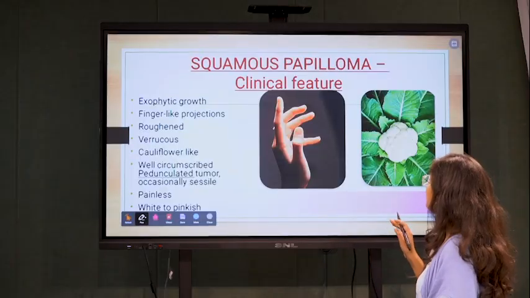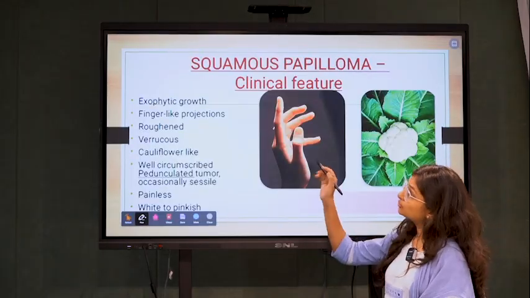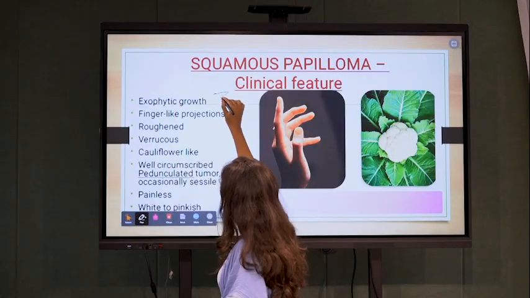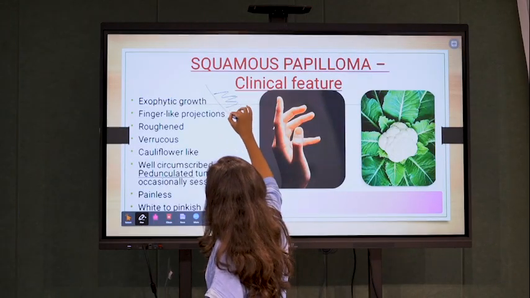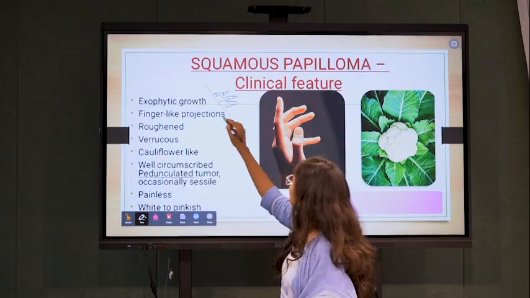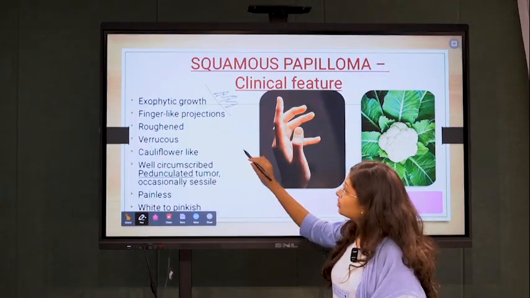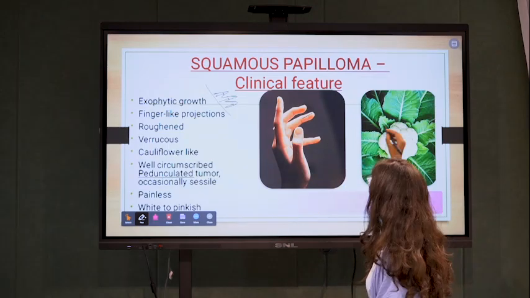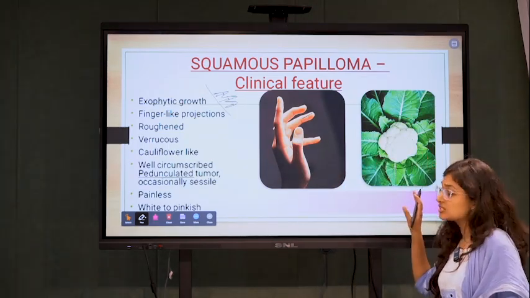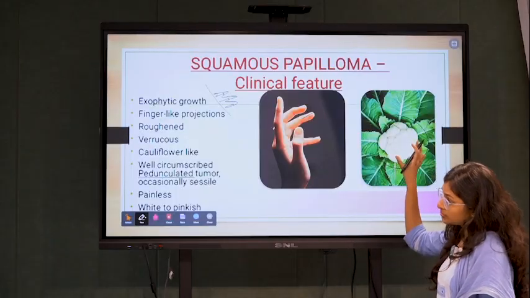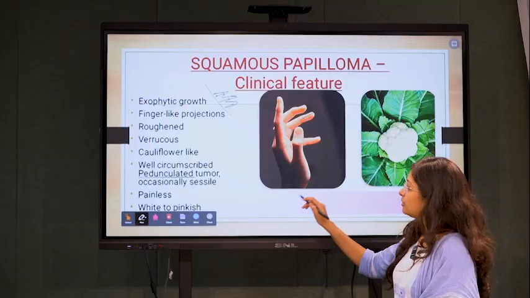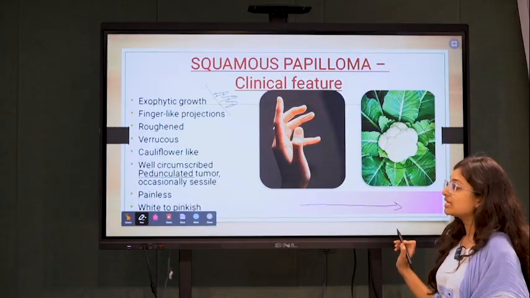Clinical features of squamous papilloma: it is an exophytic growth, which means it grows above the epithelium, with finger-like projections, roughened, verrucous and cauliflower-like appearance. It is a well-circumscribed, pedunculated tumor, occasionally sessile, painless, whitish to pink in color.